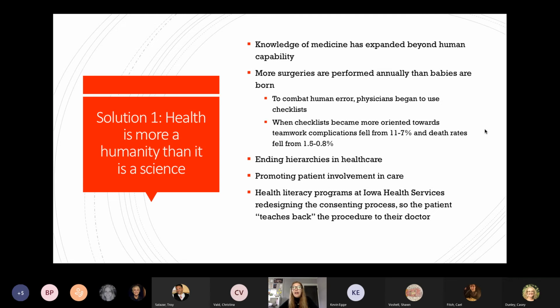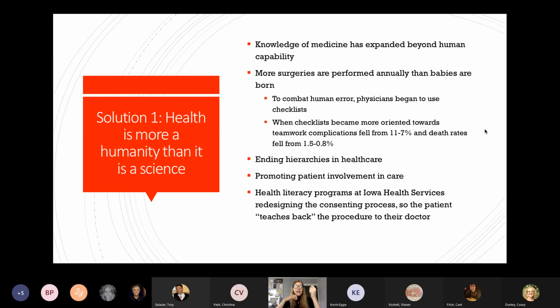Obviously, healthcare and hospitals are very autocratic and very hierarchical systems. Newer people don't have a whole lot of respect. People who have been in training for less time often feel that they don't have as much respect from their peers, that their voice doesn't count as much. And there is so much pressure on them as an individual to be perfect.